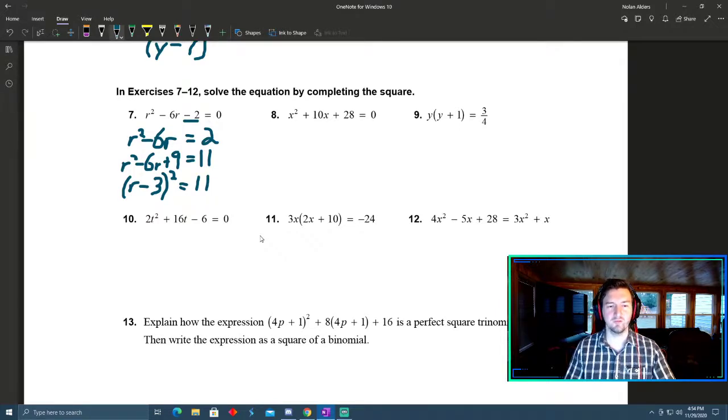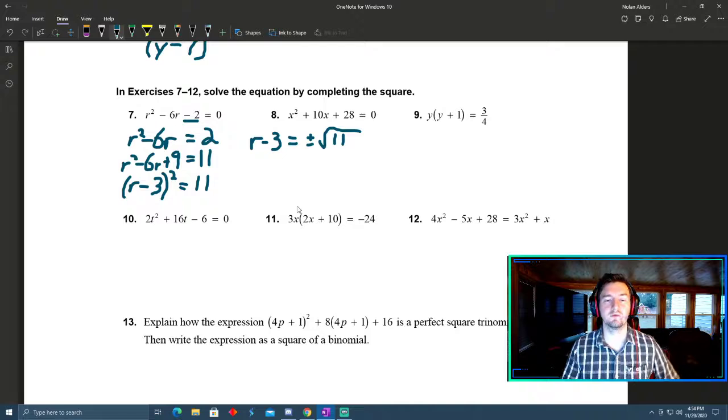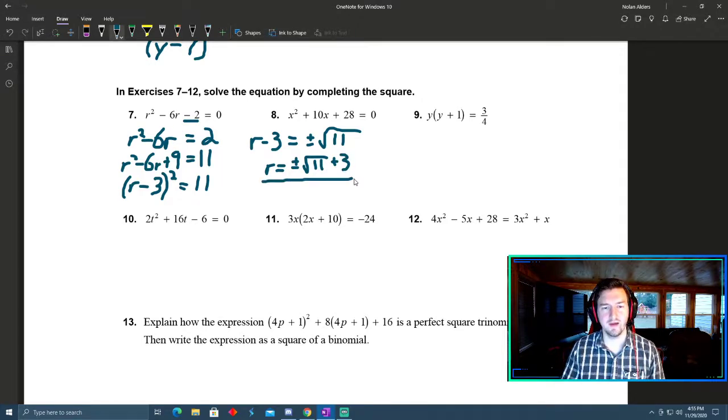Take the square root of both sides, and we will get r minus 3 on the left, and on the right we'll have plus or minus the square root of 11. We add 3 to both sides, and we'll get r equals plus or minus the square root of 11 plus 3. And that is our solution for this problem.